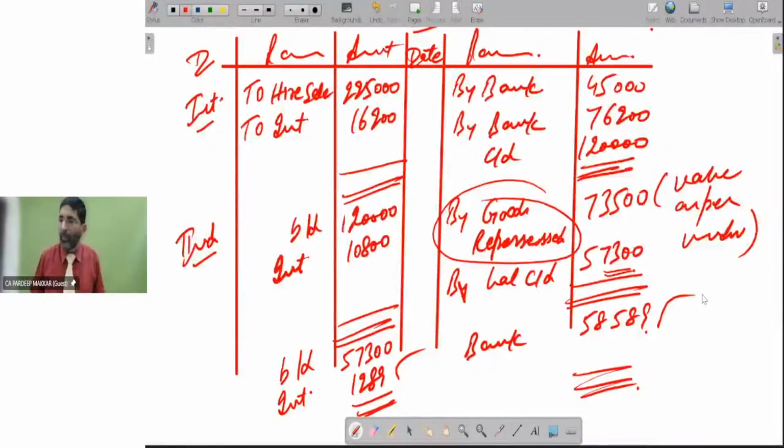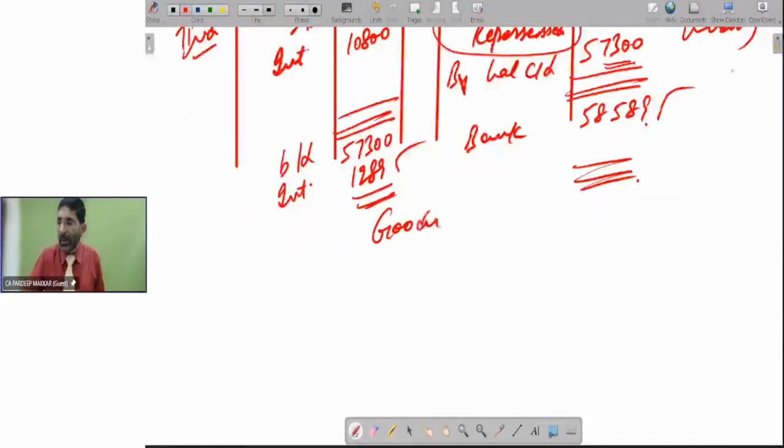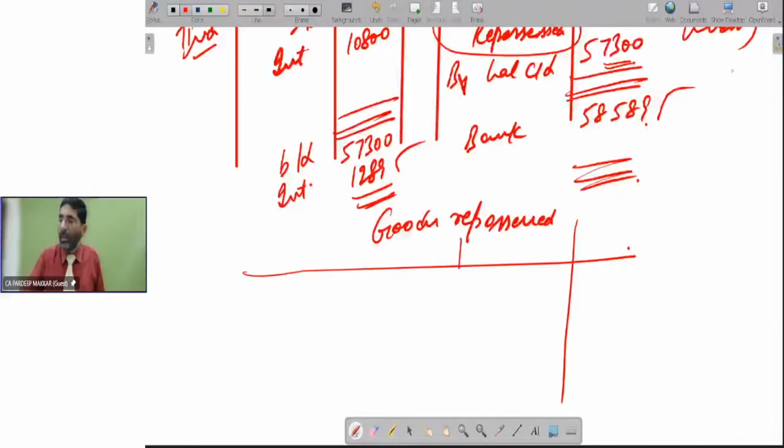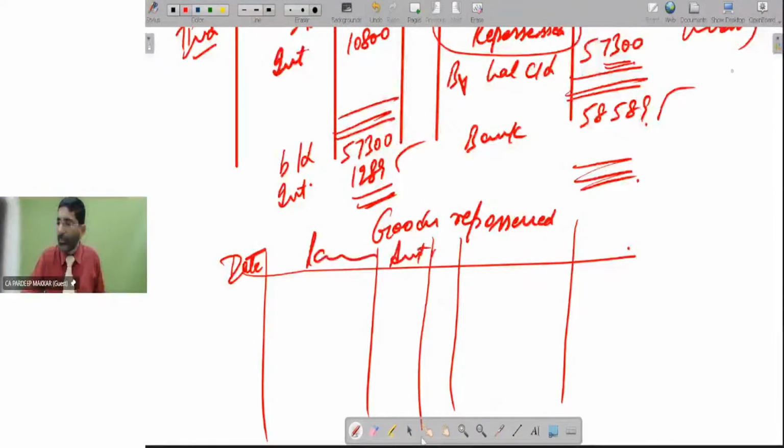Is that clear? Now, if we have to prepare the goods repossessed account, that is, if the goods repossessed are sold by us, he is going to prepare those goods and sell off those goods, then there is something different.